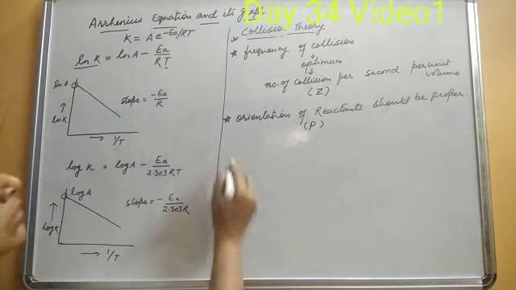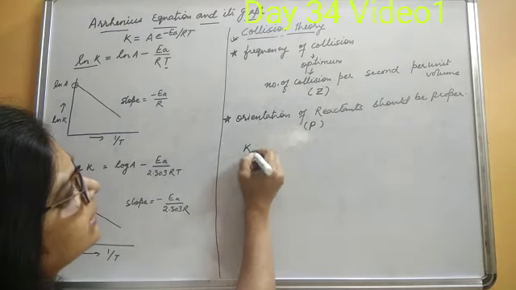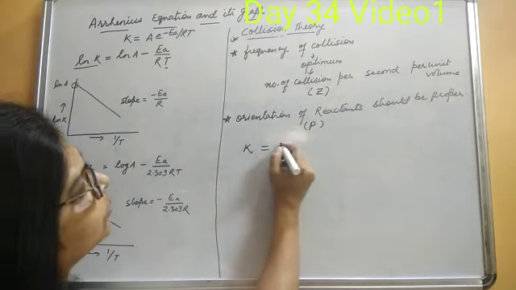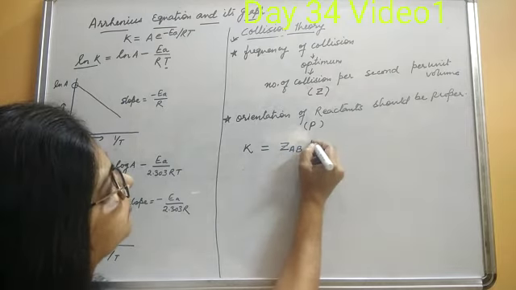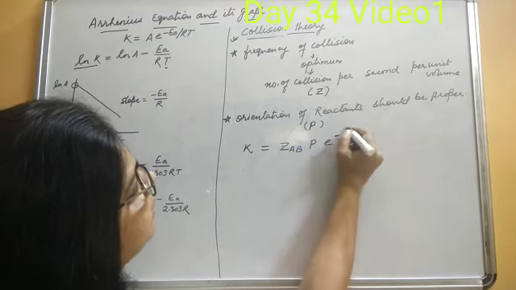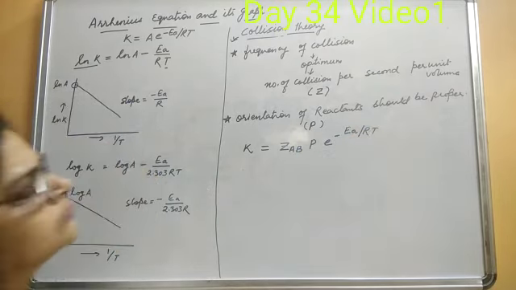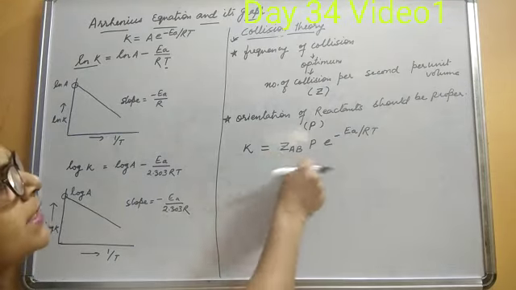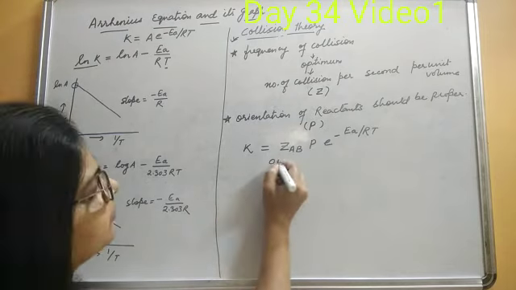Now, the equation of collision theory is given as k equal to P Z_AB e to the power minus Ea over RT. In any way it can be written.